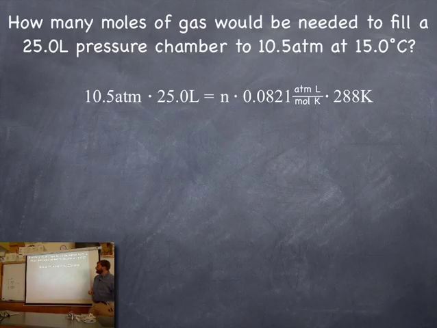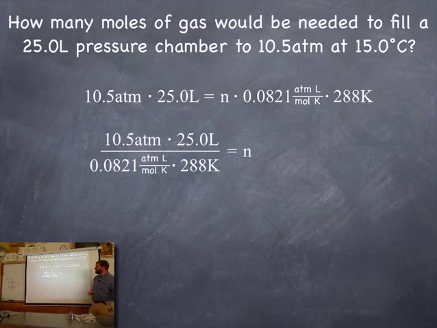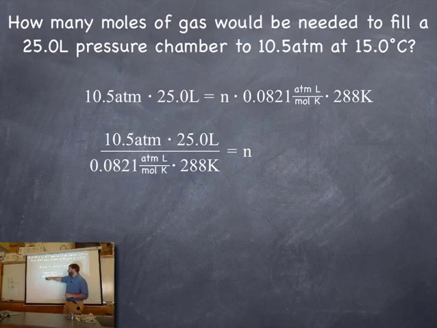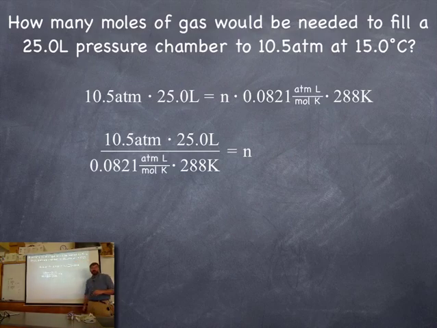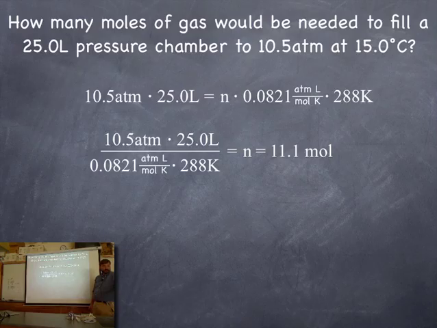We're going to take that and rearrange to solve for n. 10.5 times 25 divided by 0.0821 times 288, and we get 11.1. Yeah, that's fine. It's the same math.